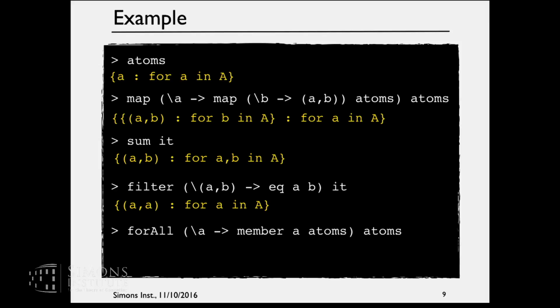If I now take a membership function, what does this do? This is a function that takes an atom A and checks if A belongs to the set of atoms. It's supposed to return true for every atom. And now I can check that this function actually returns true for every atom. Now if I interpreted the set of atoms as an infinite list, this would loop.